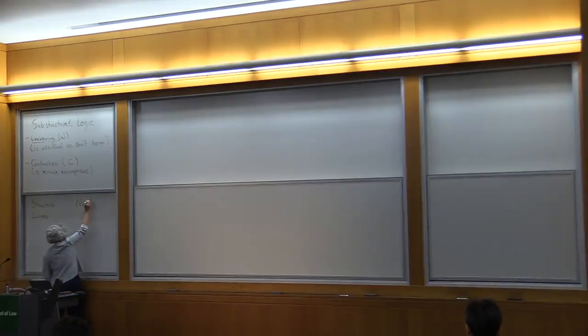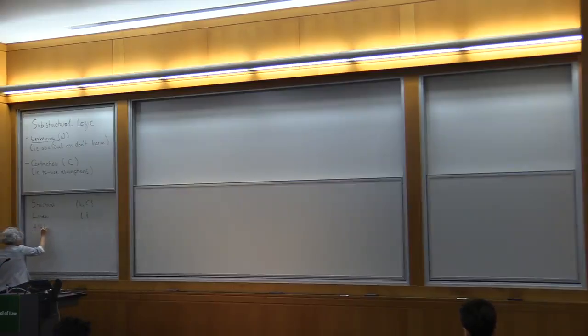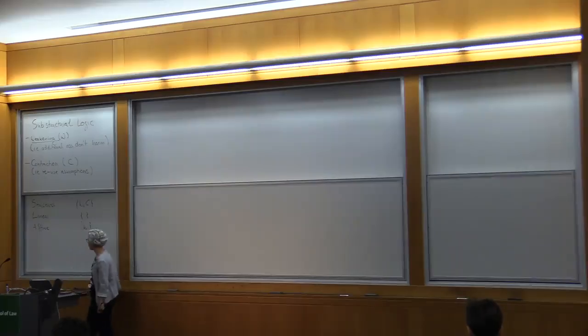Has neither weakening nor contraction. Affine logic allows weakening but not contraction. And relevant logic would allow contraction but not weakening.